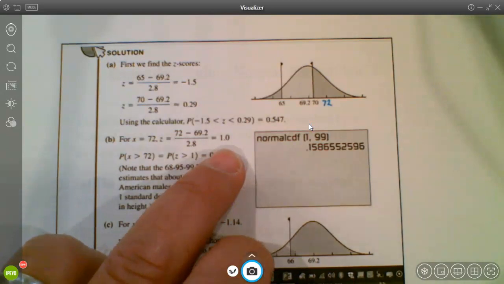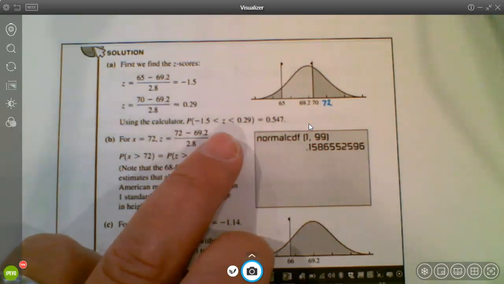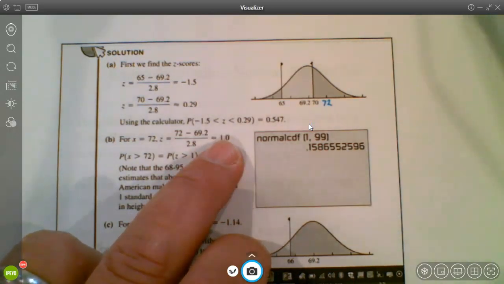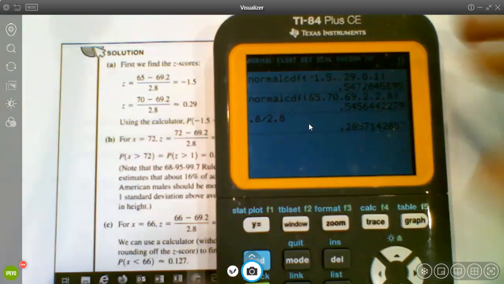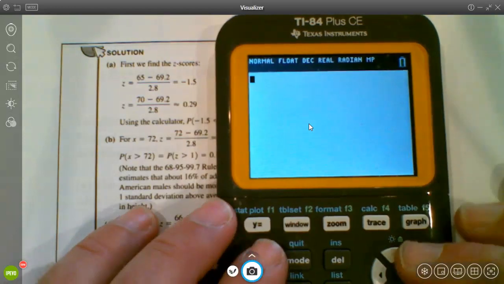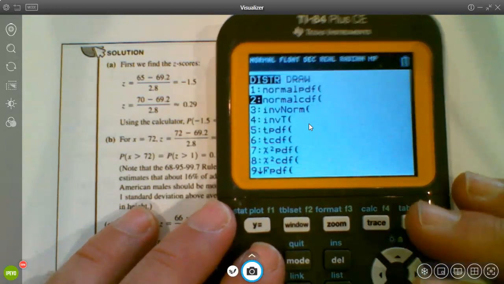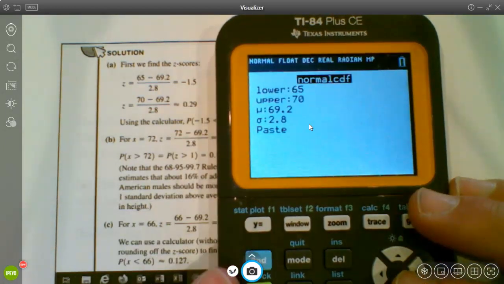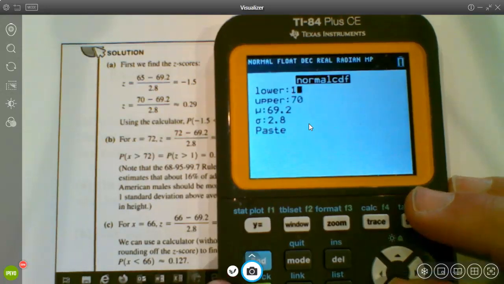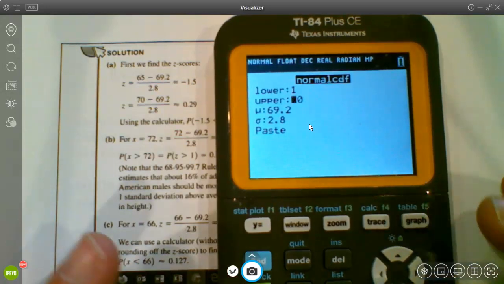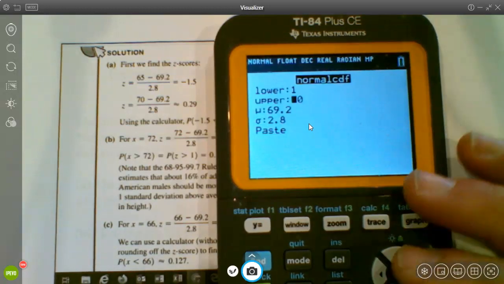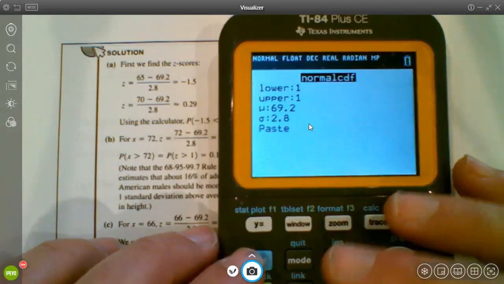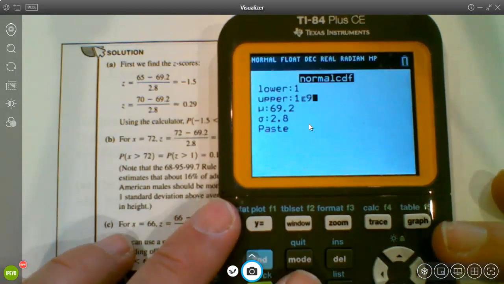Okay, and so that's all totally fine. So I could go from 1 to infinity as my boundaries, right? And so we could use our distribution function that way. So my lower bound is 1. My upper bound would just be basically infinity. So as long as you just put in a supergiant number right now, it's going to work just fine. There's actually a way of putting in infinity. It looks like this.